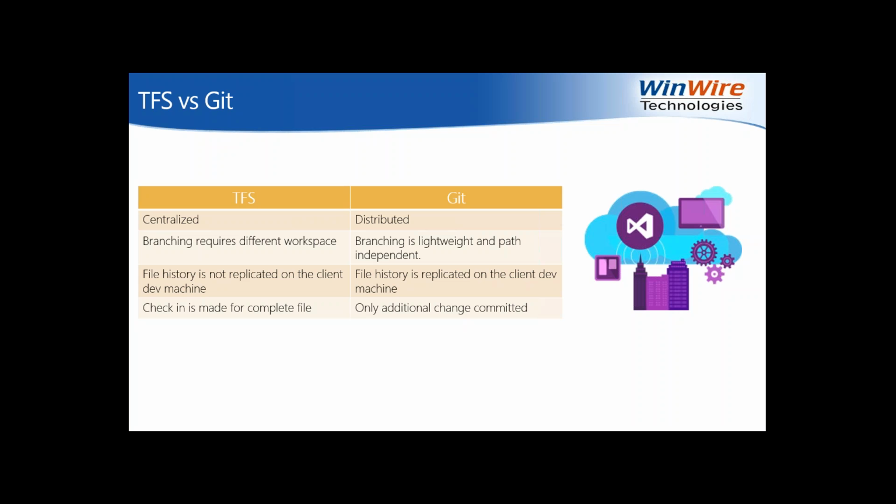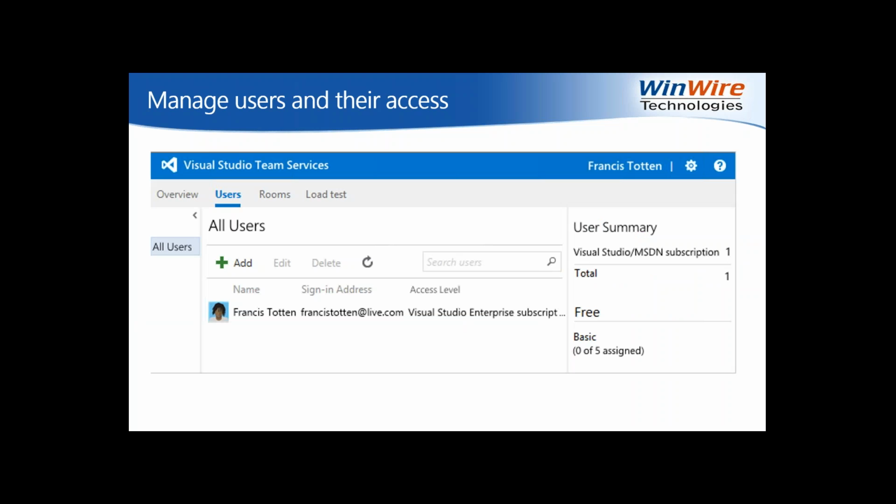So now let's see how to manage users and their access. After you have created your Team Services account, you need to add your team and assign them access to your account. All this you can do at the same time, so that you can make sure they get the correct features, whatever they need.